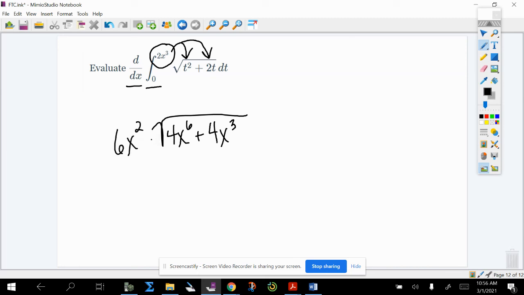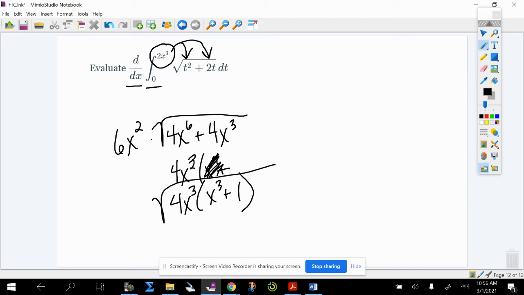The one thing that I'm not sure on Delta Math, they may make you simplify this. For example, you could actually factor out a 4x squared, leaving you with x to the 4th plus, actually you could factor out a 4x cubed, x to the 3rd plus 1. And you actually can take the square root of 4 and then an x squared. So you could bring out a 2x times your 6x squared.